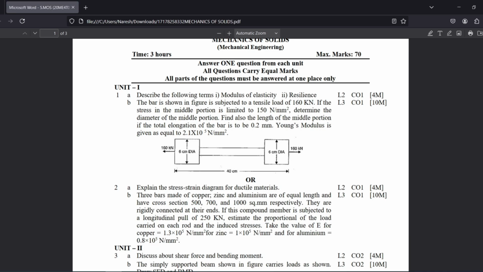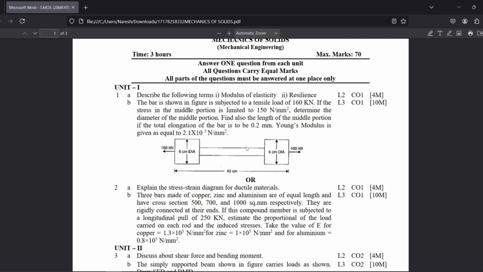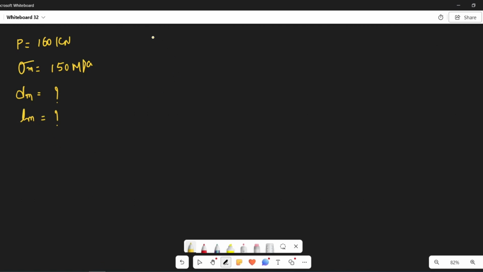Also we have to find out the length of the middle portion, if the total elongation of the bar is to be 0.2 millimeter.